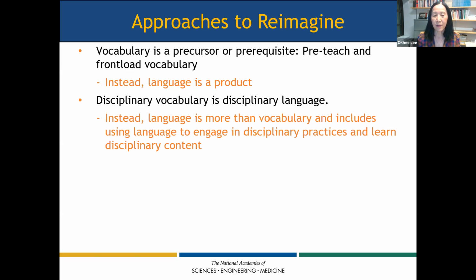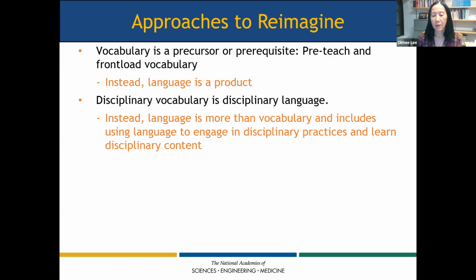Well, in science, knowing a list of vocabulary means nothing. You may use molecules and atoms and all of those, but if you have no meaning, it means nothing. And especially if you don't have any experience and no understanding, the vocabulary terms are just a collection of facts, words. Instead, language is more than vocabulary and includes using language to engage in disciplinary practices.